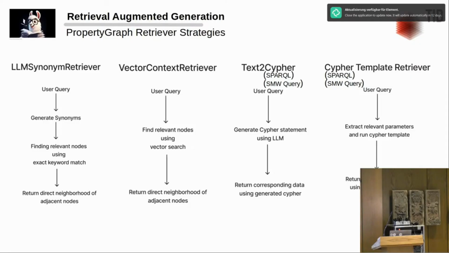But there are also other methods, like, for example, text to Cypher, which means if you have your data in a property graph store, you can use a large language model to generate a graph query language, here Cypher, to build a query to retrieve the relevant data.